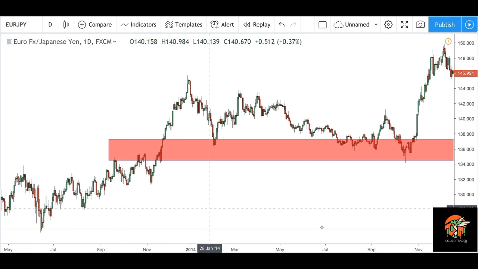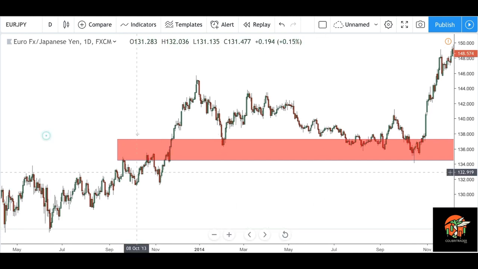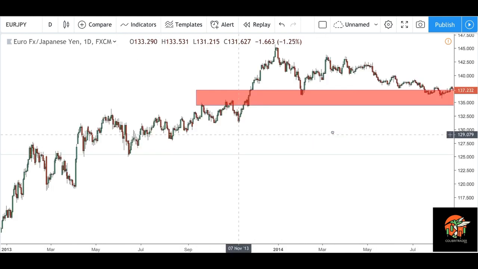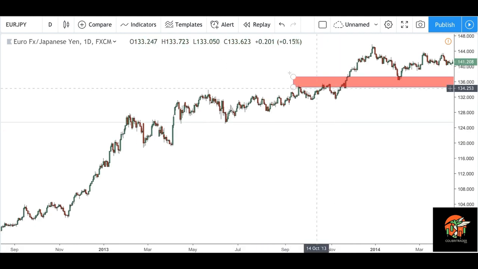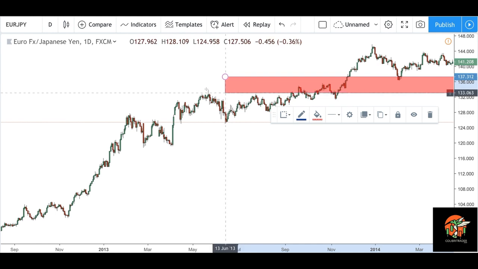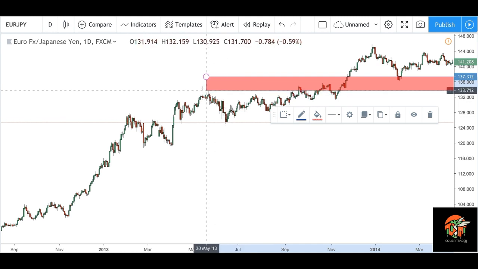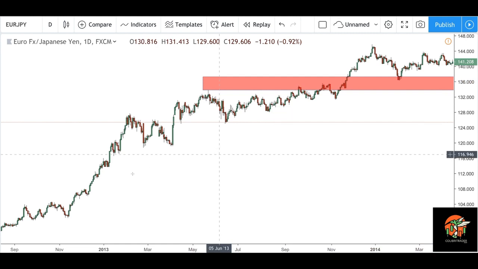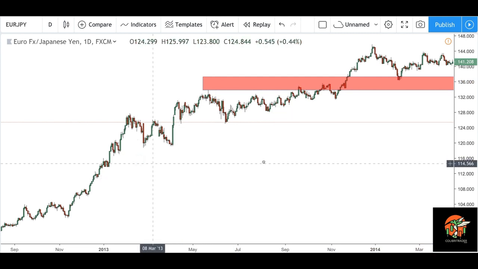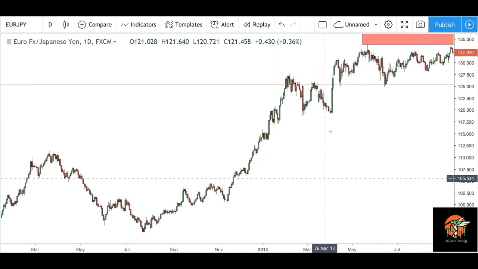And if I go back in time, you see that this level has been tested quite a few number of times, and apparently it was a very strong resistance level. Let's have a look at another example.